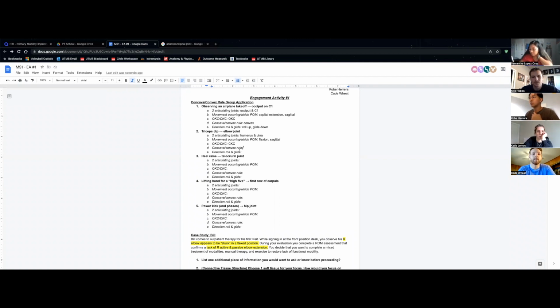I thought this one was concave because the distal ulna is the one that's moving, and that one has the concave olecranon. But if we said it was a closed kinetic chain, then the ulna would be fixed. Proximal on distal.